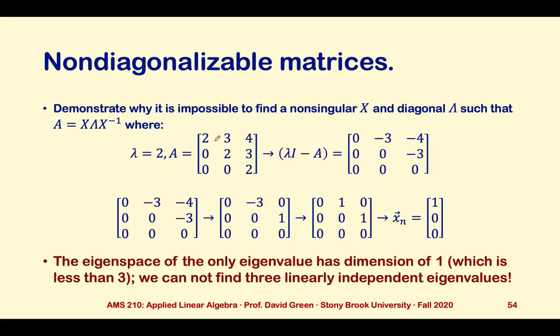Right. Once we've identified the eigenvalues that have a greater than one algebraic multiplicity, we go on and look at the eigenvectors. Plug in our lambda equals 2 into our expression of lambda I minus A. In this case, we get zeros on the diagonal and the negative of the A entries on the off diagonal. And we want to find out the dimension of and a basis for the null space of this matrix.